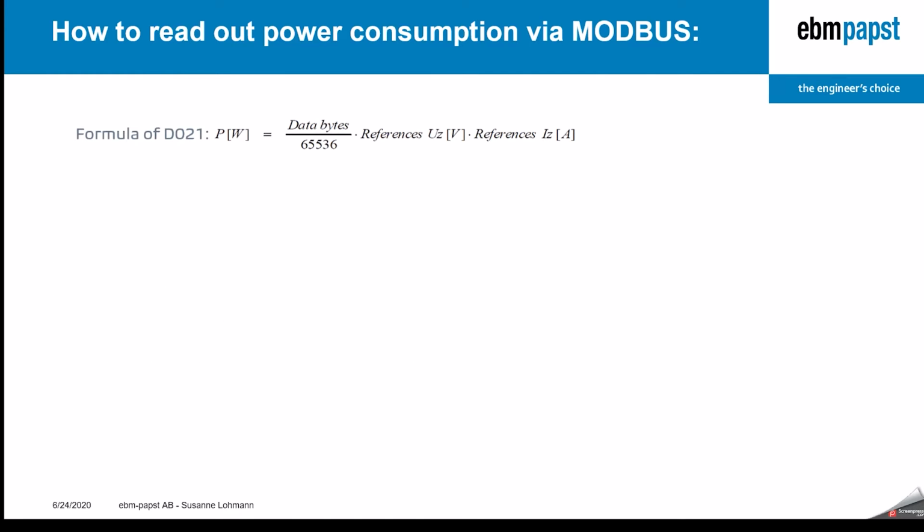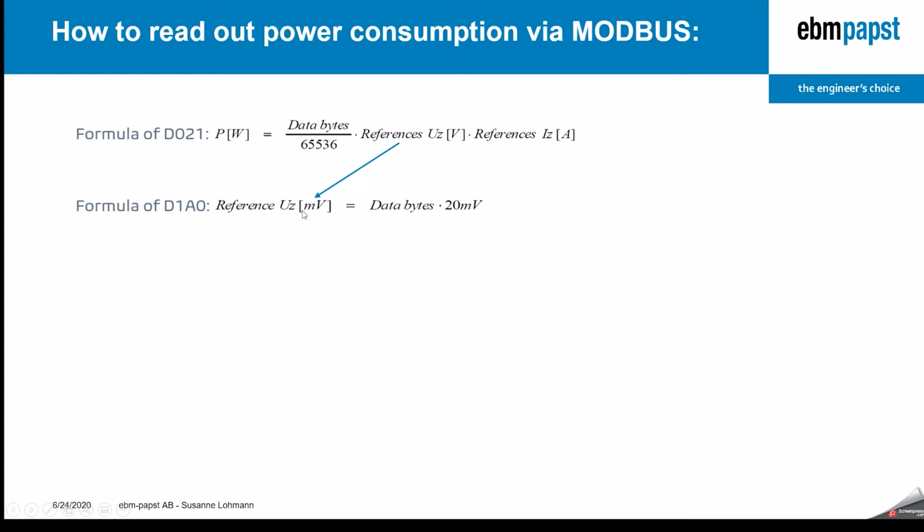Now, coming to the formulas more in detail. So the base formula is the D021. There you have the D021 value you're reading out from the EBM Papst product. And then you need the reference voltage, which is inside D1A0.